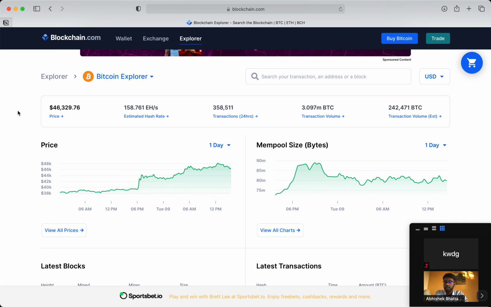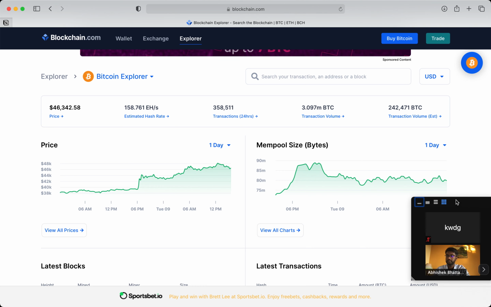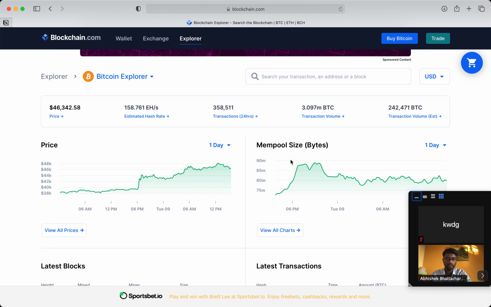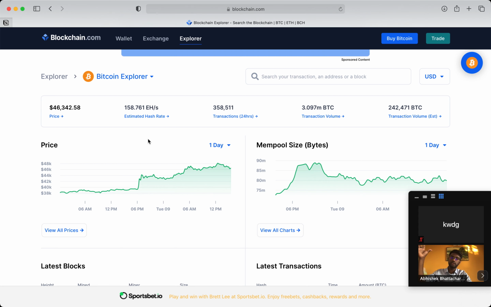So we see it here. One very important part we see here is the next data point, which is the estimated hash rate, right? Okay, cool. What we see here is the estimated hash rate. This is what I was talking to you about when I said that as a miner you create a block of transactions, and then eventually you solve a cryptographic problem.